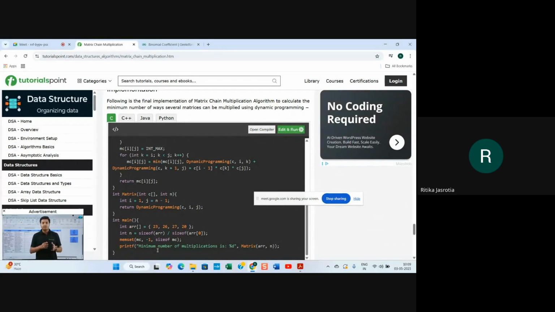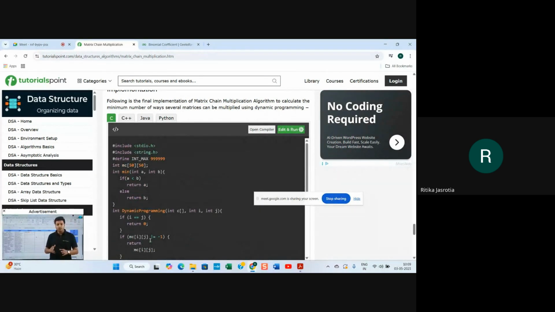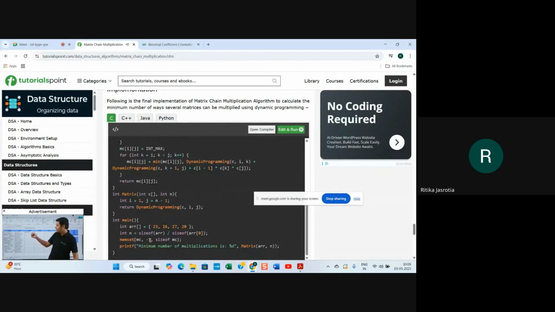Memset MC, have we created anything of memset?